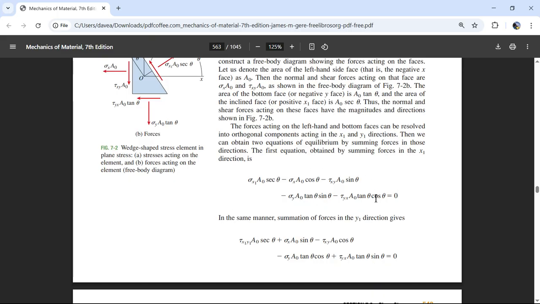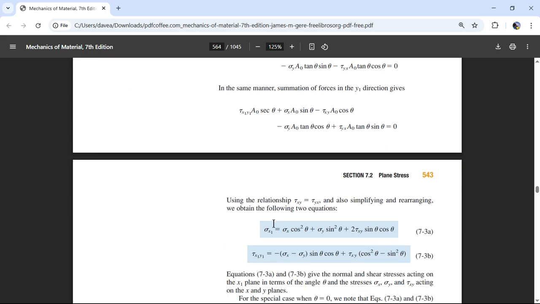This equation is actually probably better if you took all these terms to the other side, even included the a naught, even though that's irrelevant, and then divided by a naught secant theta, and said that was your sigma x1, and you didn't simplify. Always think about that too, especially when equations get way simplified.